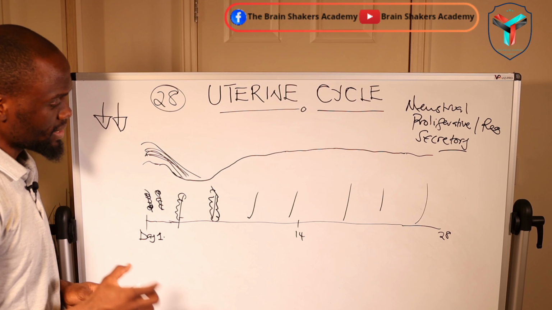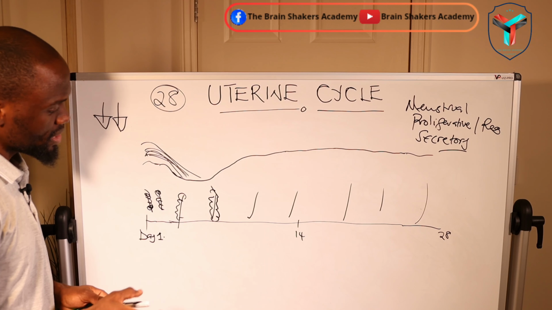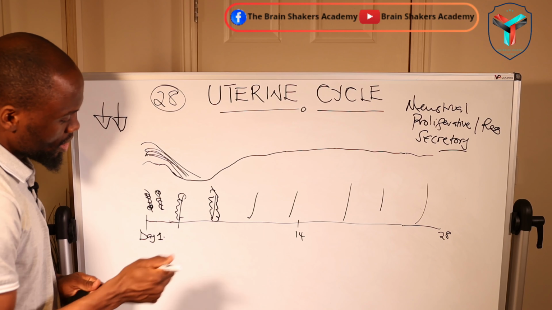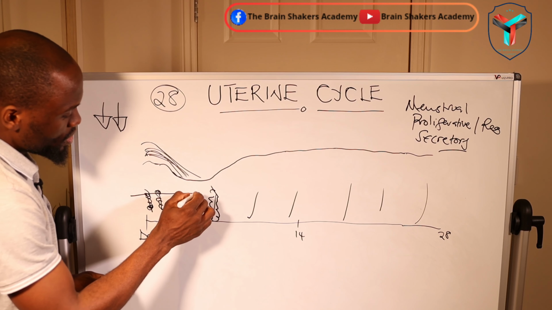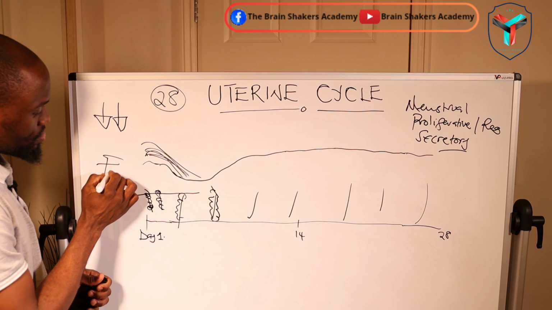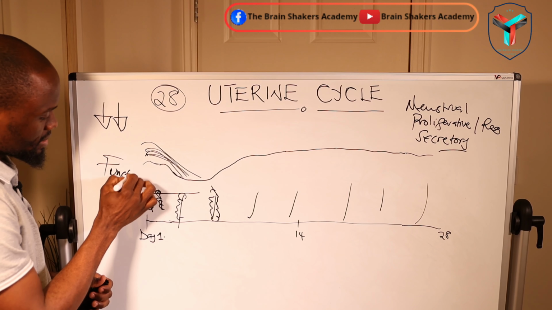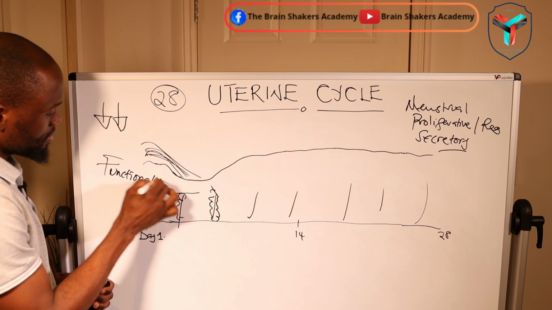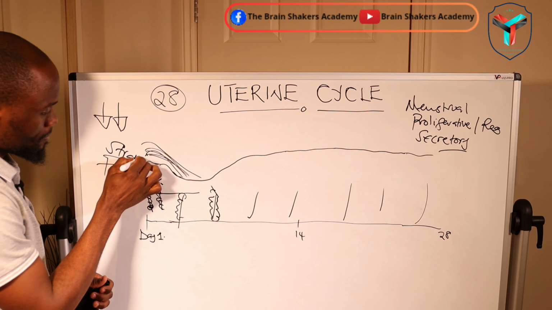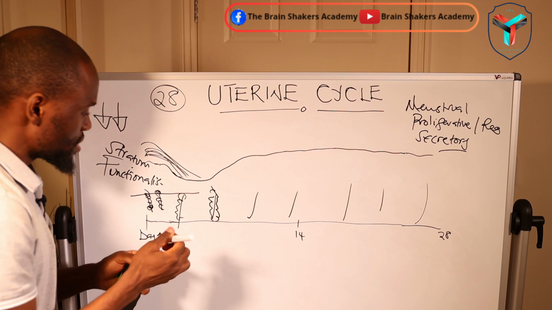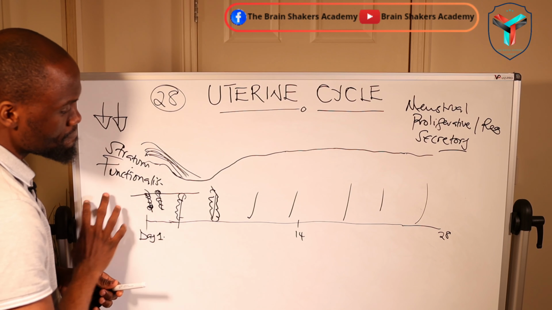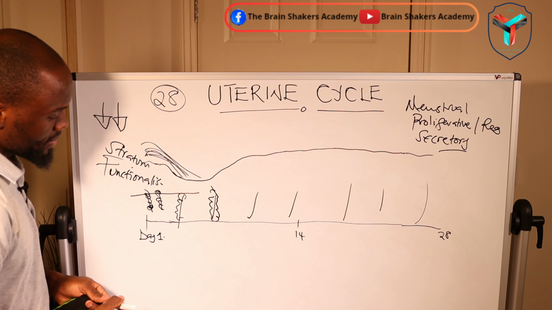Coupled with the spasms, there will be shedding of the top layer, which we call the stratum functionalis.